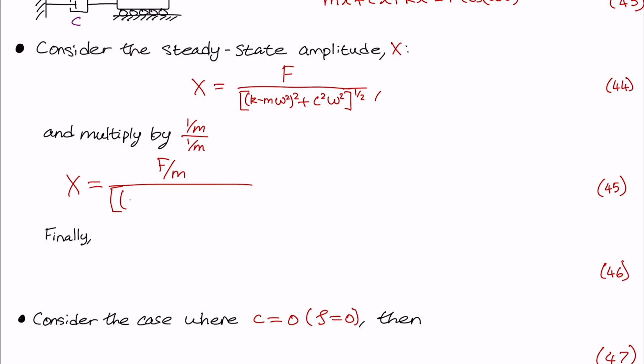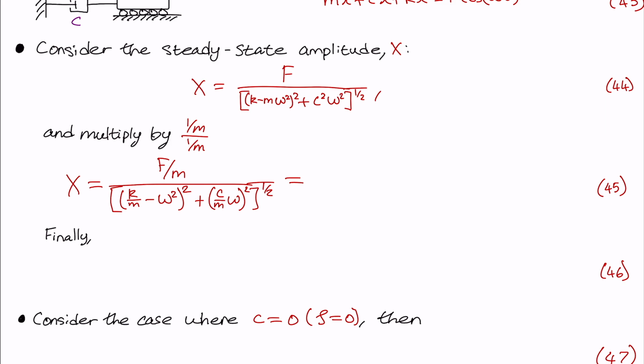We'll bring it inside here as well, and we're going to end up with k over m minus omega squared, quantity squared, plus c over m omega, this quantity squared. All of that is in a square root.